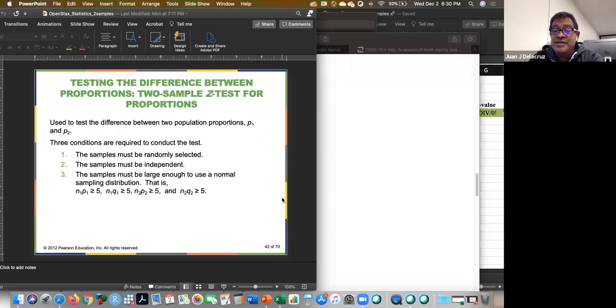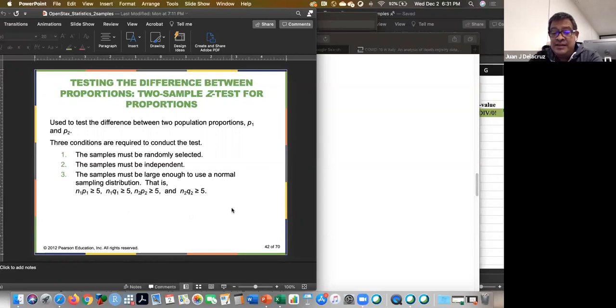That original test has to be met in order to be able to use the Z-test. If any of these numbers is less than 5, we are not able to use the Z-test.